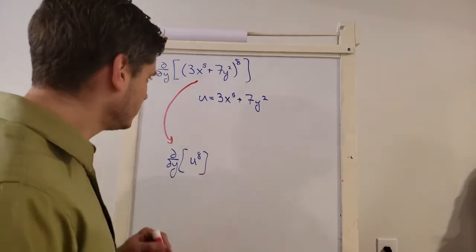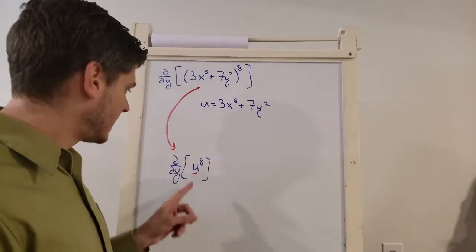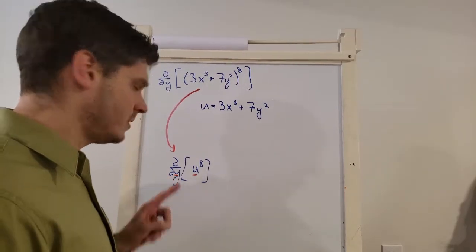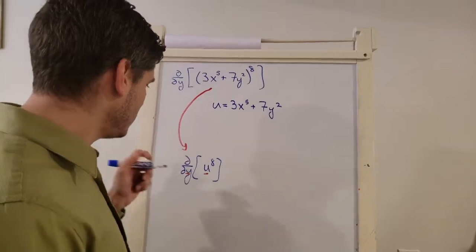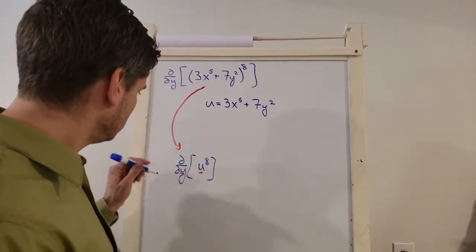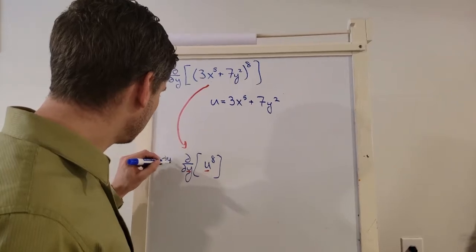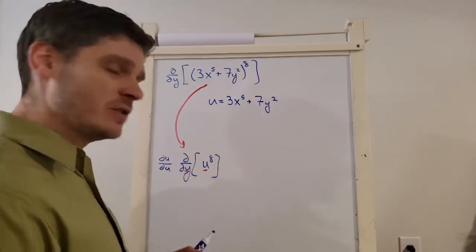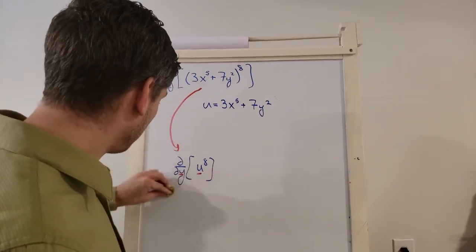Except, wait a second. Our variables don't match. I have a u and a y. To make them match, I'm going to need a du. What we're really going to do is swap it around a little bit.